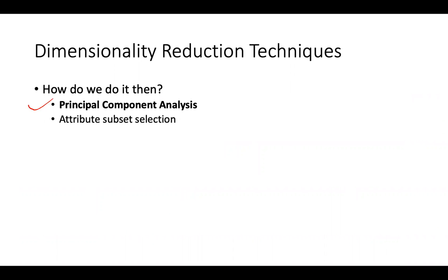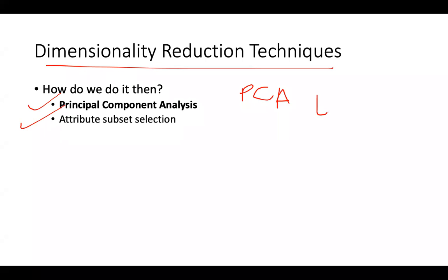We have principal component analysis and attribute subset selection. All right. So let's begin with, I want to spend some time here, talk about PCA. Most times it's abbreviated as PCA. And this is a dimensionality reduction technique, right? Often used to reduce the dimensions of large data sets.